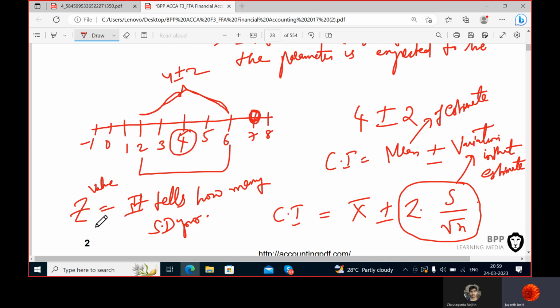So your Z value tells you how many standard deviations you are away from the mean. Correct? If I get a Z score of 3, that means 3 standard deviations away from the mean. Understood? I am simply explaining the things here. Just make a note of all these things.